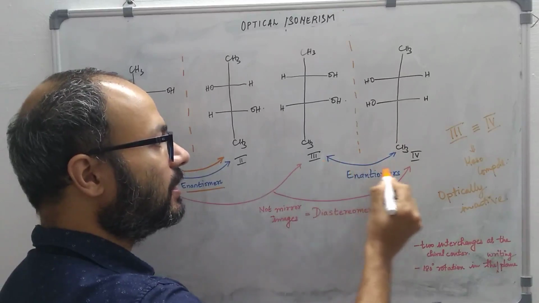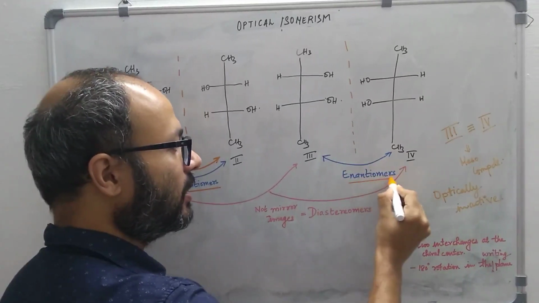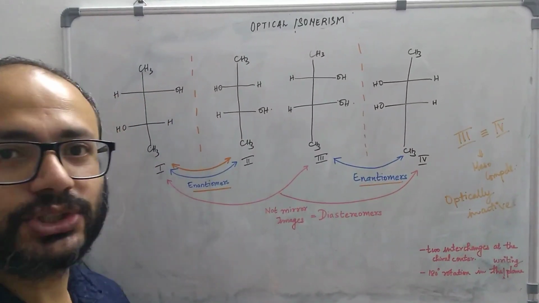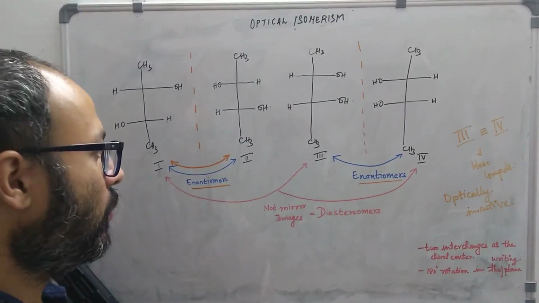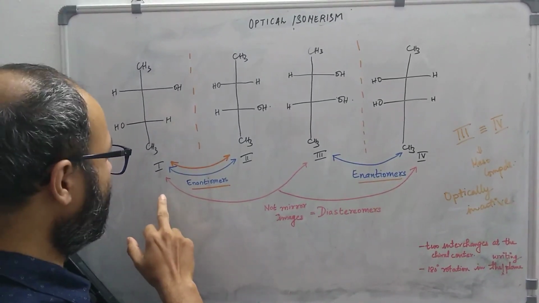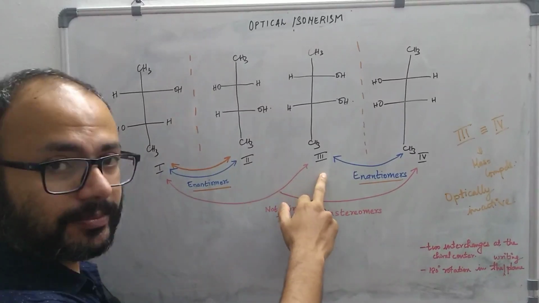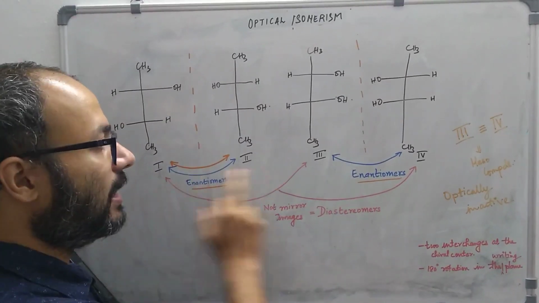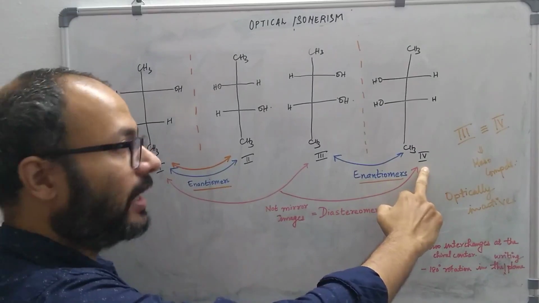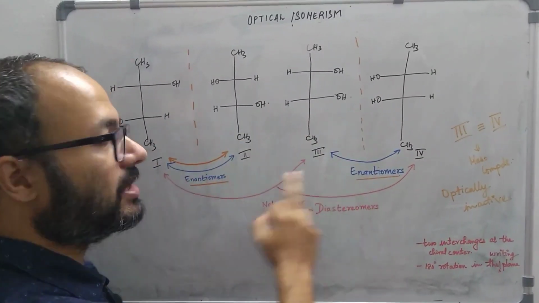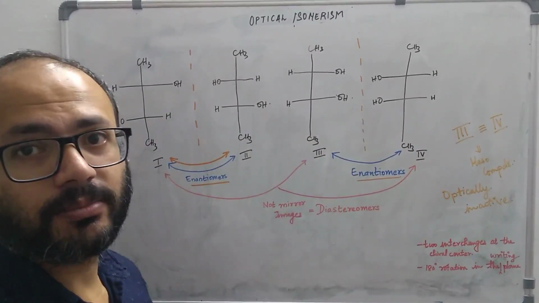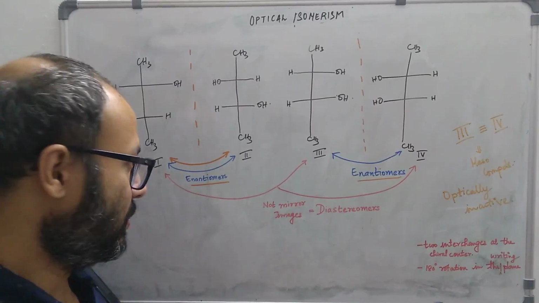So 3 and 4 are again termed enantiomers. Now, if you consider the relationship between 1 and 3, as well as 1 and 4, they are not mirror images of each other.